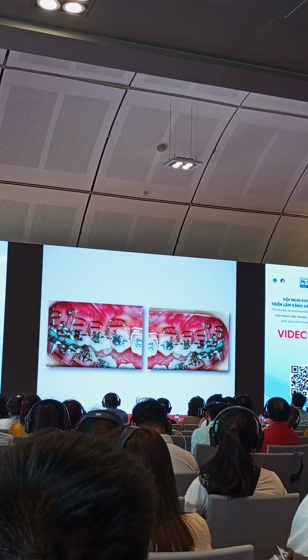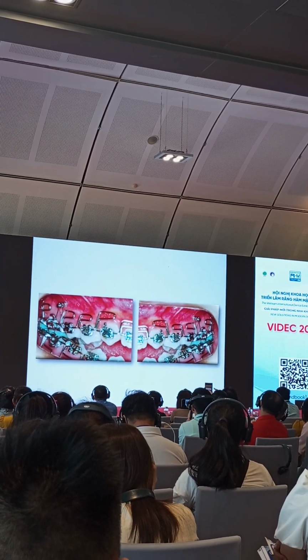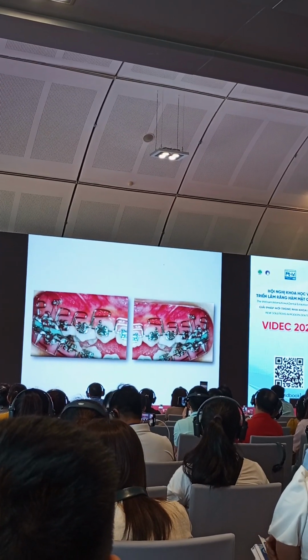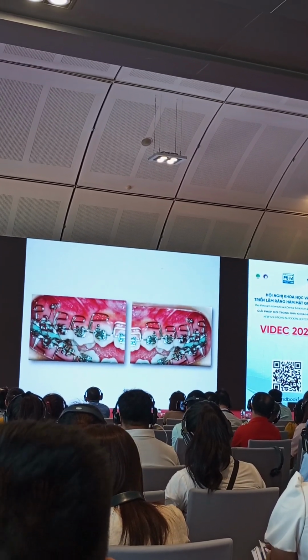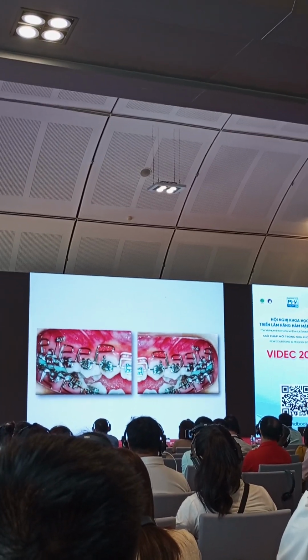So I just place it on the buccal area. So this is one of my mistakes. When I wanted to intrude my molar and I only place it on the buccal, and then my pull is on the buccal, then what will happen?